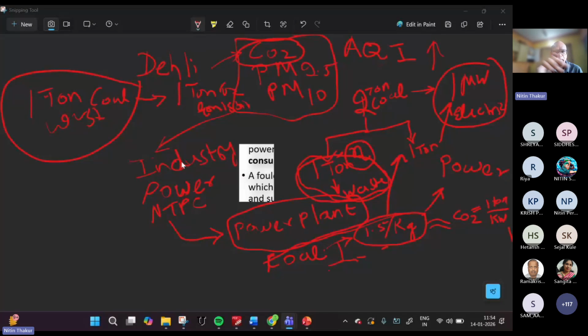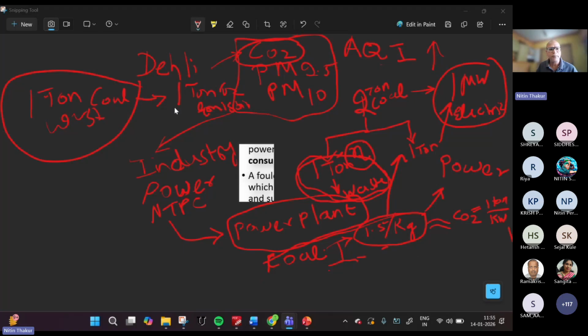So now going into how we can reduce this 1 ton of coal to make 1 ton of CO2 emission, how we can do that by utilizing AI is what our subject became.